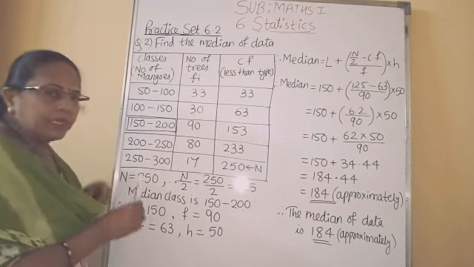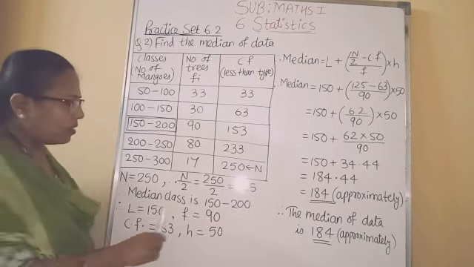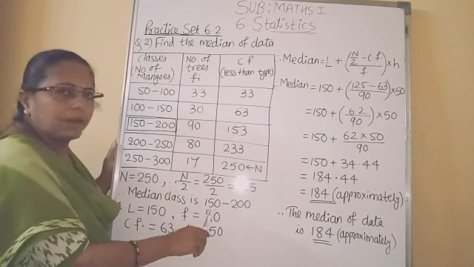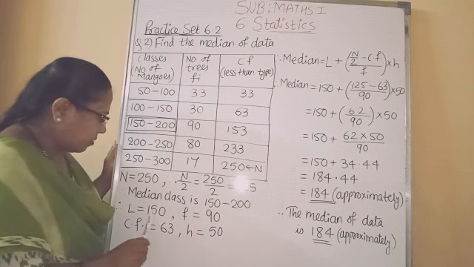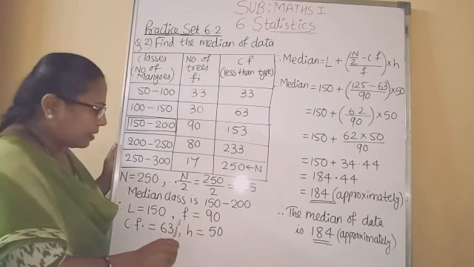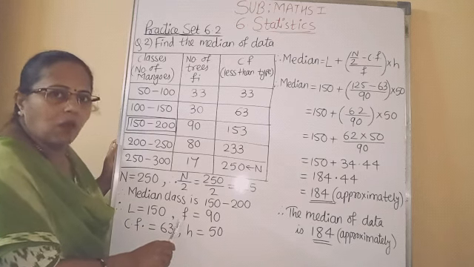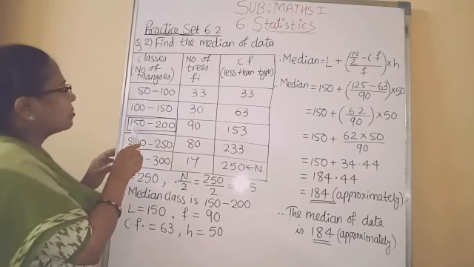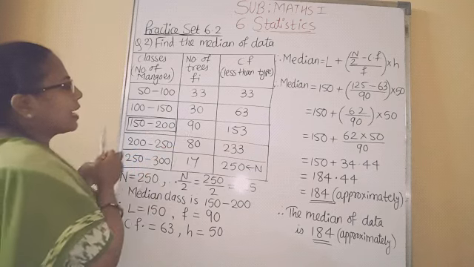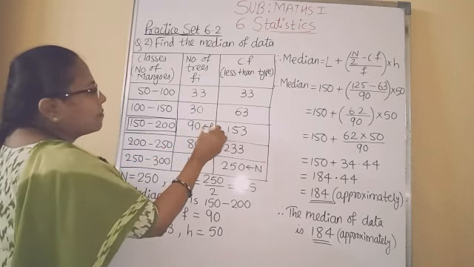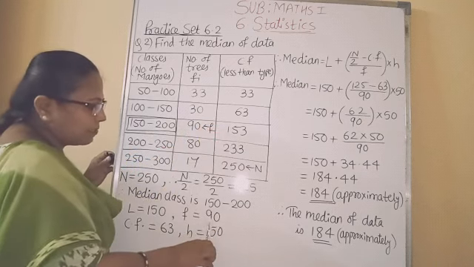So the next value is L. L means what? Lower class limit of the median class, which is 150. The next value is F. F means frequency of the median class. So the median class frequency is 90. So the value of F is equal to 90.